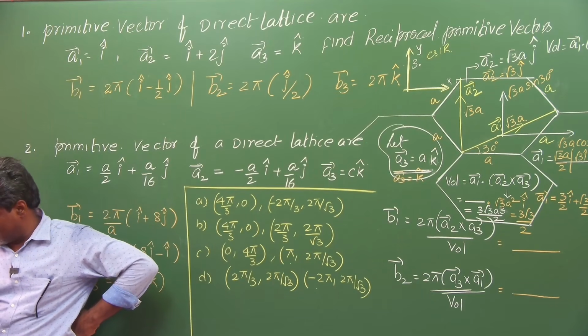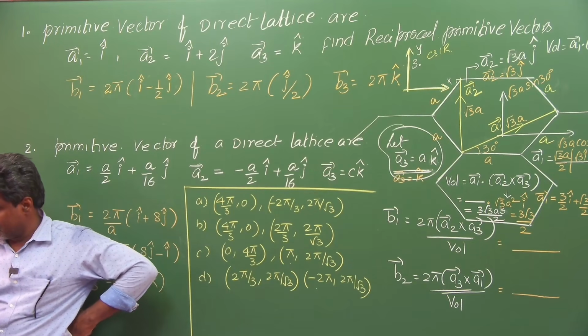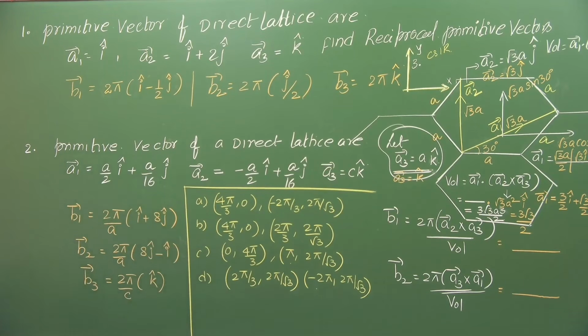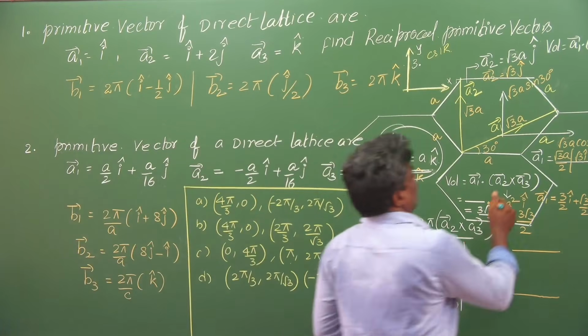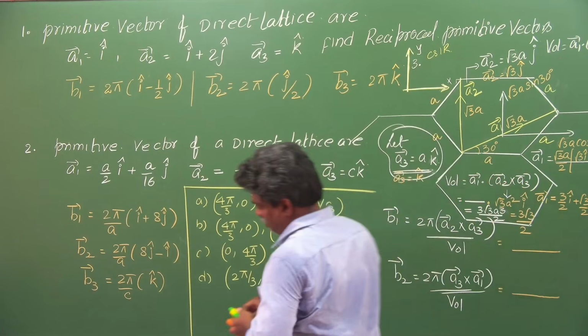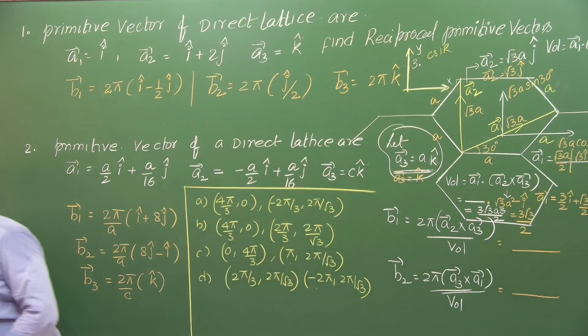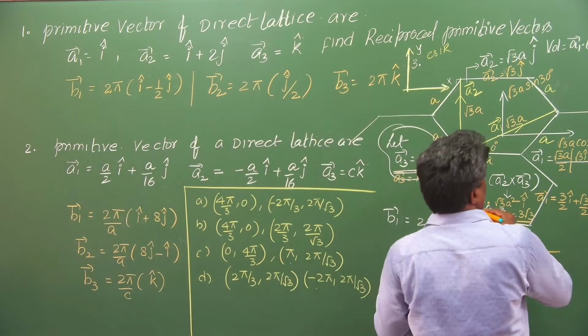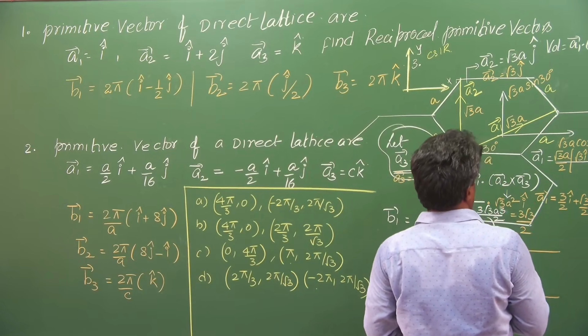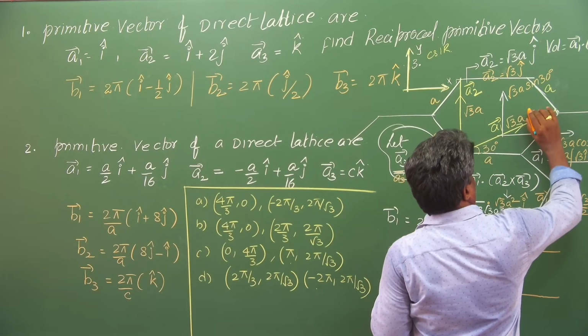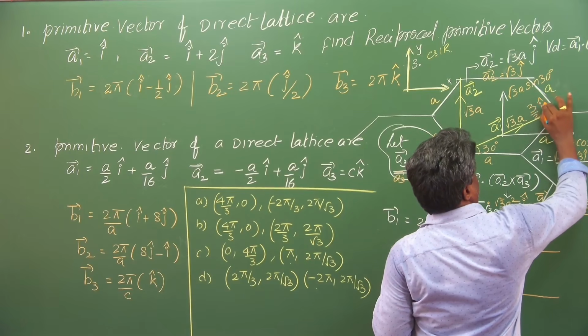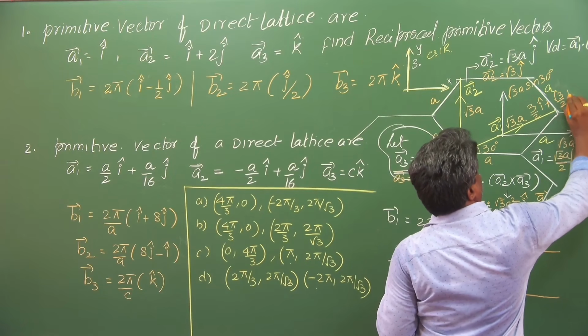Already you practiced how to find these primitive vectors. Finally A1 bar I got is 3 by 2 i cap plus √3 by 2 j cap.